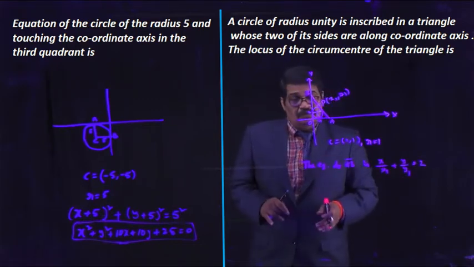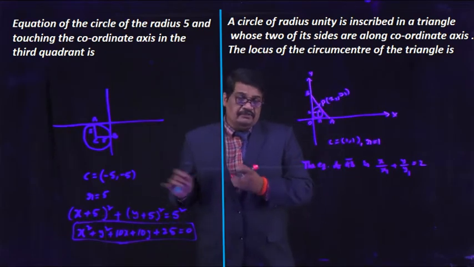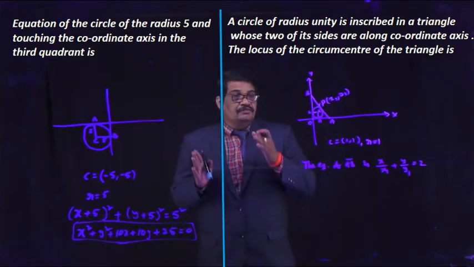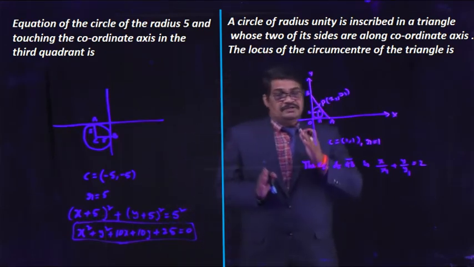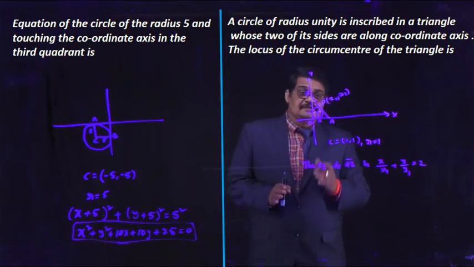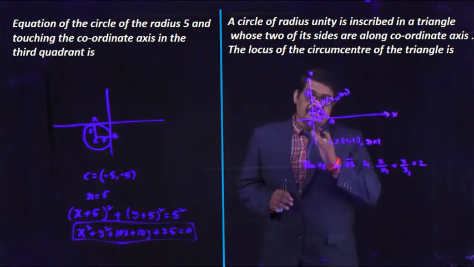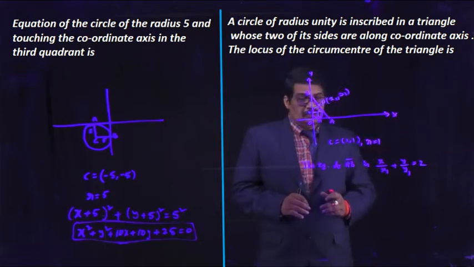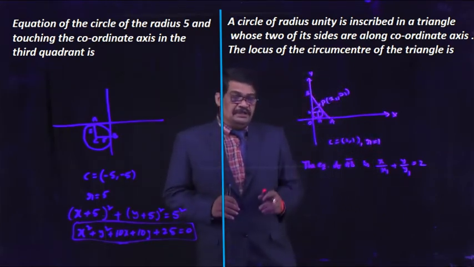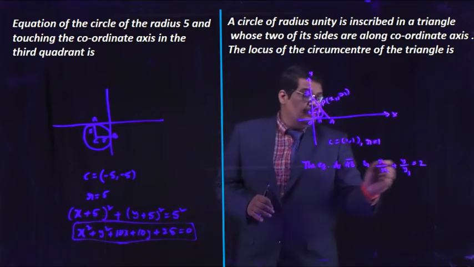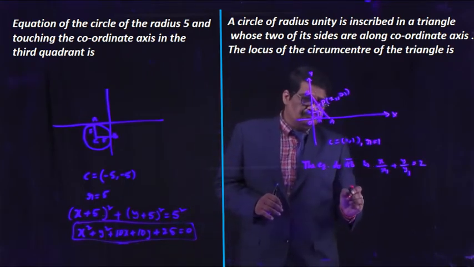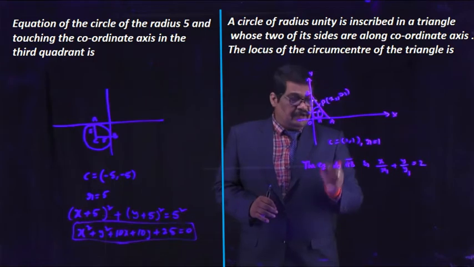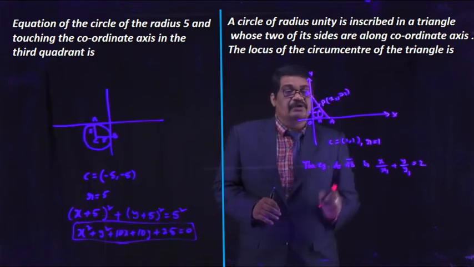This formula we learned in first year straight lines. So if the midpoint of the intercept between the coordinate axes is x1, y1, then the line equation is x by x1 plus y by y1 is equal to 2. That is the equation of AB.